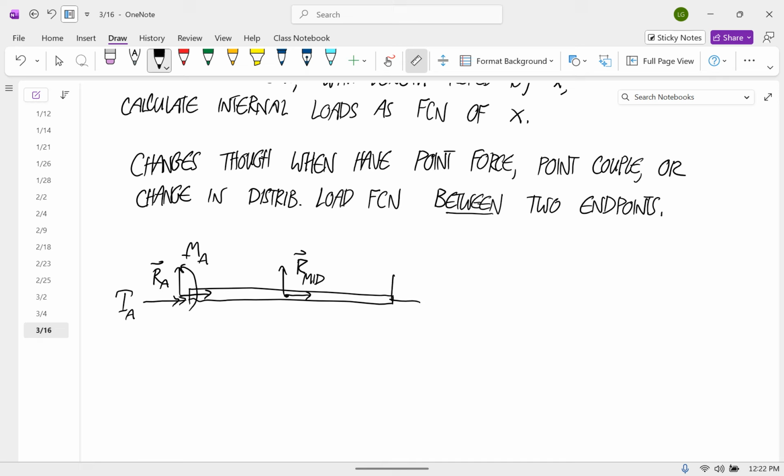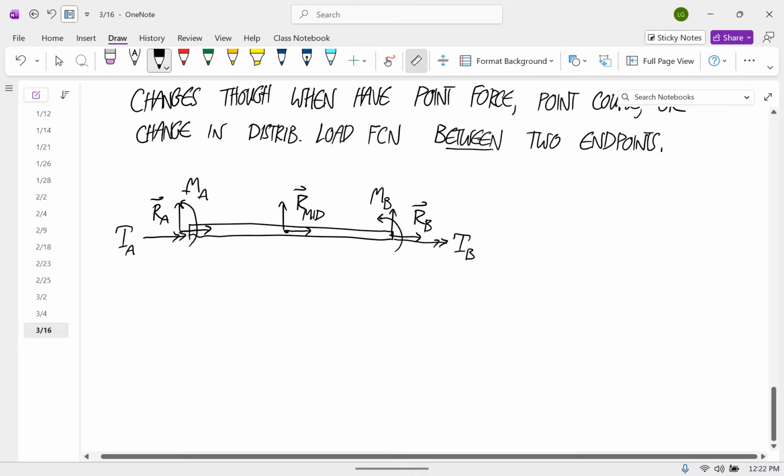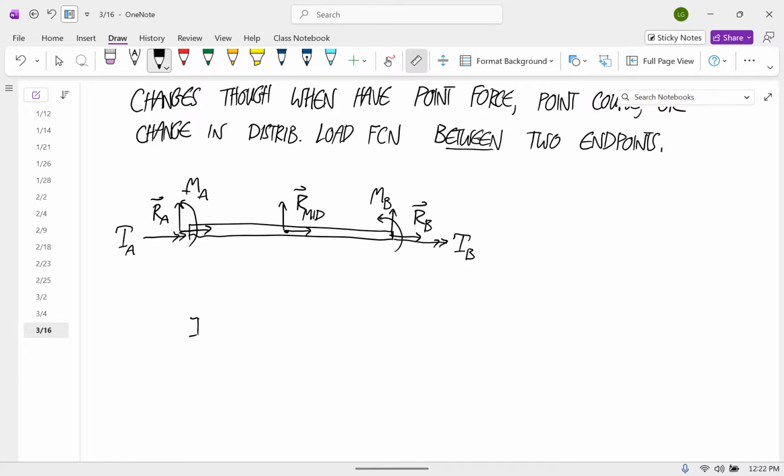And then over here we have our RB, MB, and torque B. Okay. Now, up until you get to the midpoint, all the free body diagrams look the same.